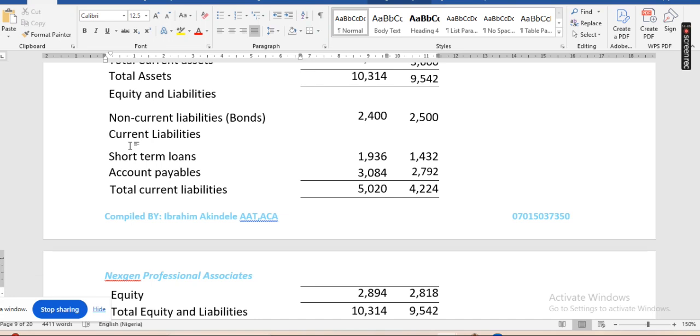And when you look at the short-term loan, it's just for a short period of time. And it isn't part of what you use in running the business because it is for a short period of time. And when you are talking about accounts payable, don't forget that accounts payable are your suppliers who supply you raw materials on a daily basis. You can't do without them. Is that not so?